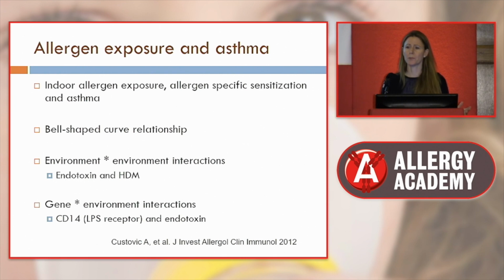There's one which is very well known for this specific thing, which is that you can have different polymorphisms, alterations in gene mutations in the lipopolysaccharide receptor, which is the receptor for endotoxin. And then if you have exposure to endotoxin, you either benefit from that or you don't benefit from that. So unfortunately, doing an overall reduction in exposure in these situations has not improved the risk of development of asthma.